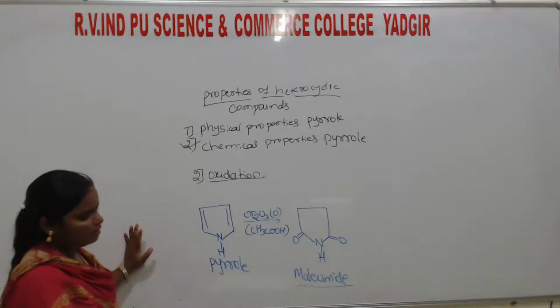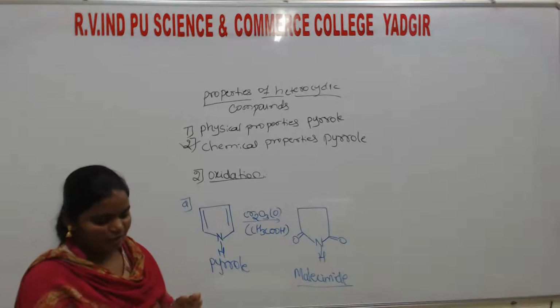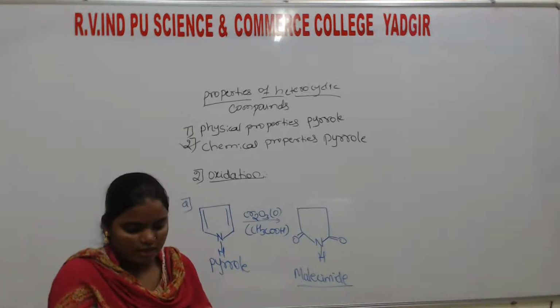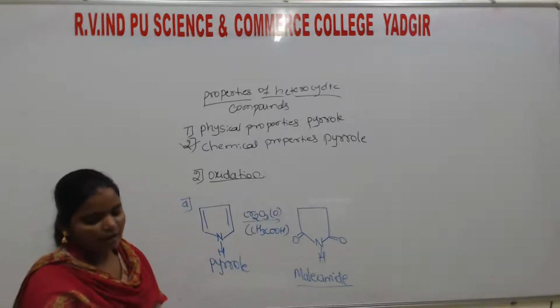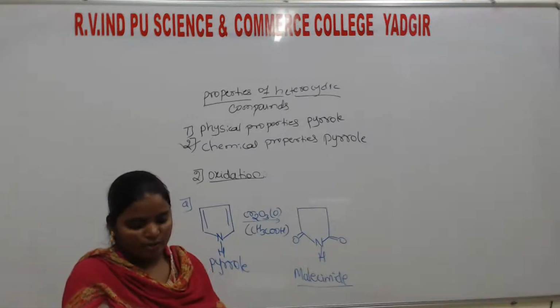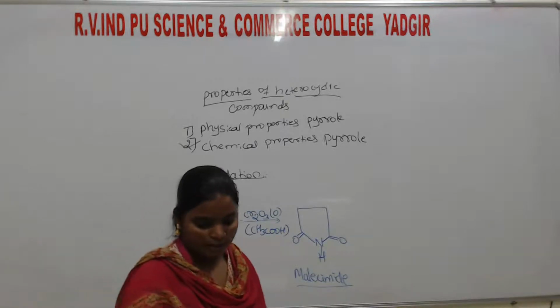You consider this as A. Write your self-explanation: pyrrole is oxidized by chromium trioxide in acetic acid to form maleimide. This is the product here.